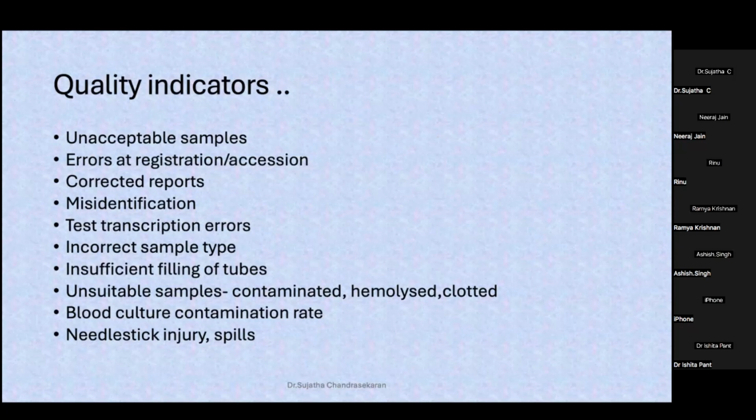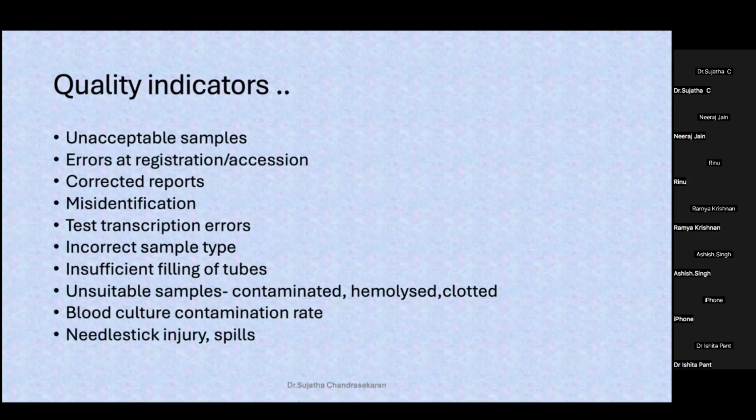Patient comes with a written slip. Then it has to be transcribed into your own test request form or into your own computerized registration system. Transcription errors. Incorrect sample type. Then insufficient filling of tubes. Unsuitable samples, if they were contaminated, hemolyzed, clotted, right? Then blood culture contamination rate, needle stick injuries, spills.